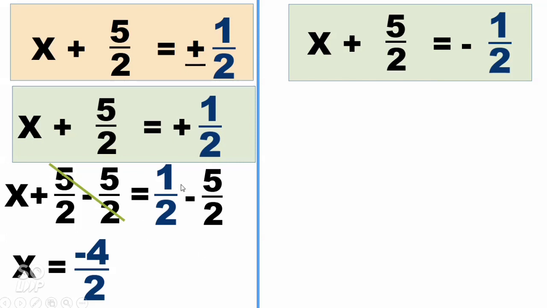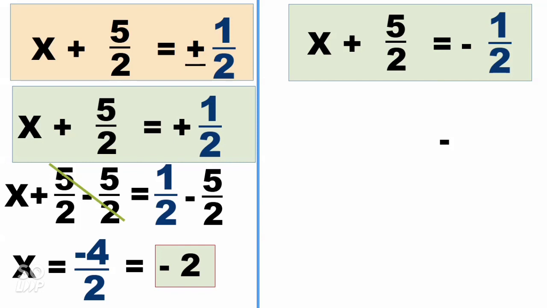Bakit 2? Sa rule ng fraction, kapag pareho ang denominator, i-add or isa-subtract natin ang numerator, kinakopy lang yung same denominator. If we simplify negative 4 over 2, that is negative 2. So this is the first value of x, negative 2.